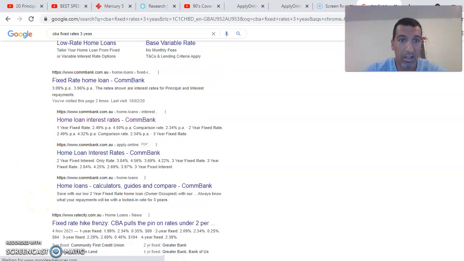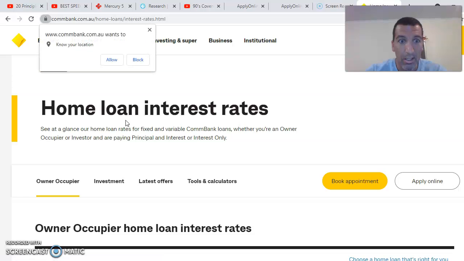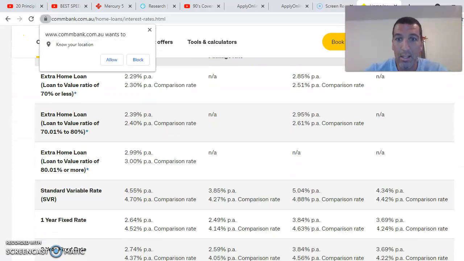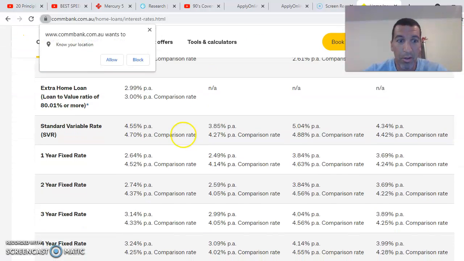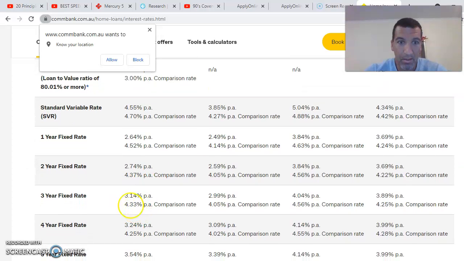CommBank. 2 years. Yeah, see, the comparison rate is huge. It's so different to the fixed rate, the initial rate. I don't think CBA is going to be that great because we're already seeing the 2-year home loan. Initial rate's okay, and then it blows out.